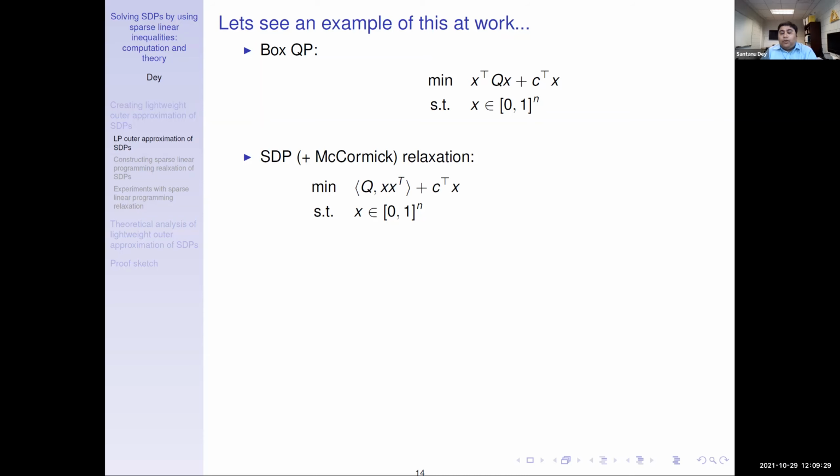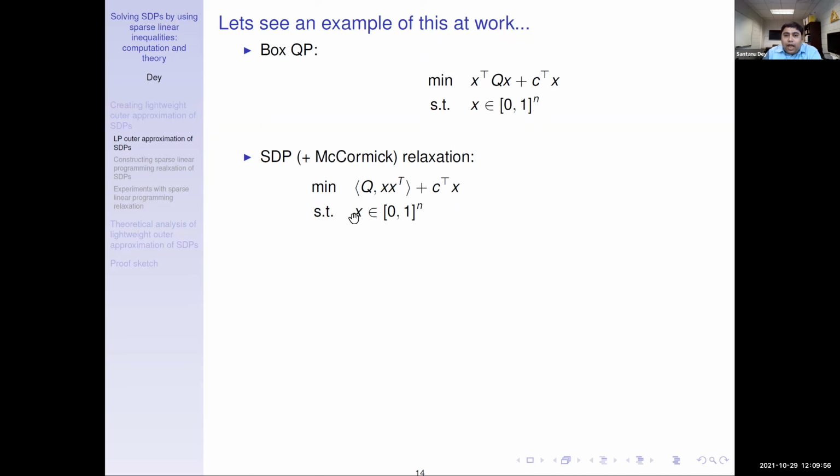And first, this is just for notation and to see an example. So how, for example, do we solve this problem? Well, how do we get a tight relaxation for this? One relaxation is the so-called SDP relaxation. And so this problem is rewritten in this form. It's the same thing. X times Q times X is nothing but the inner product of Q with XX transpose.